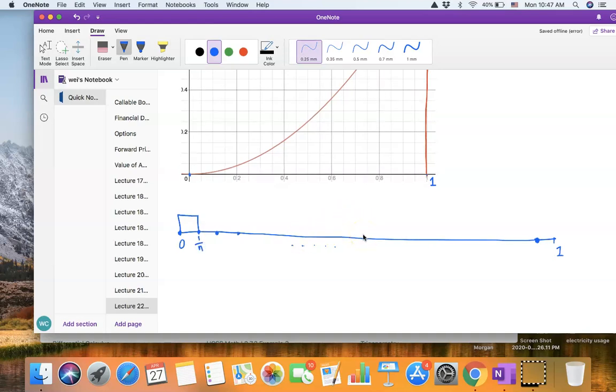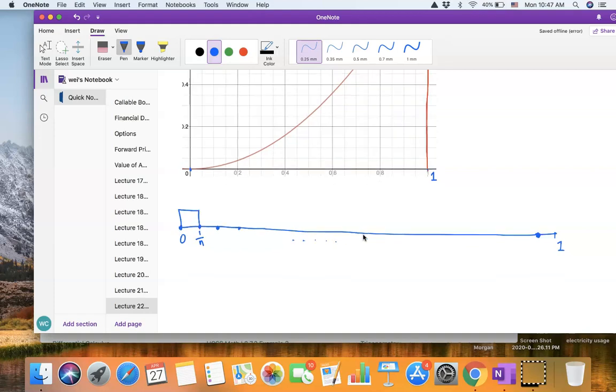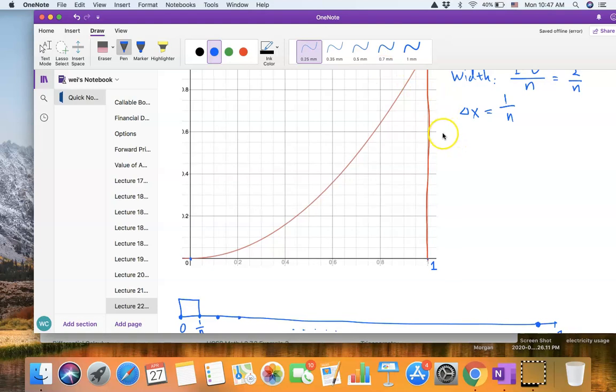Therefore the height of the first rectangle, we can find it.